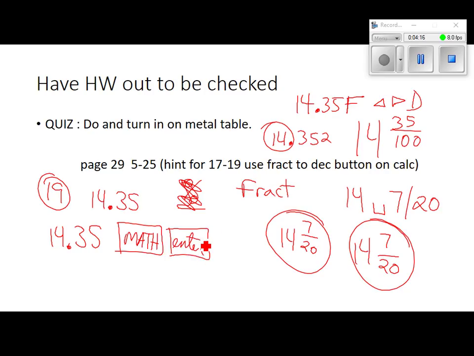Now on the big calculator, some will give you an answer that looks like this, and some will give you just an improper fraction. The newer ones give you the actual answer, and the older ones give the improper fraction, or maybe it's the other way around.